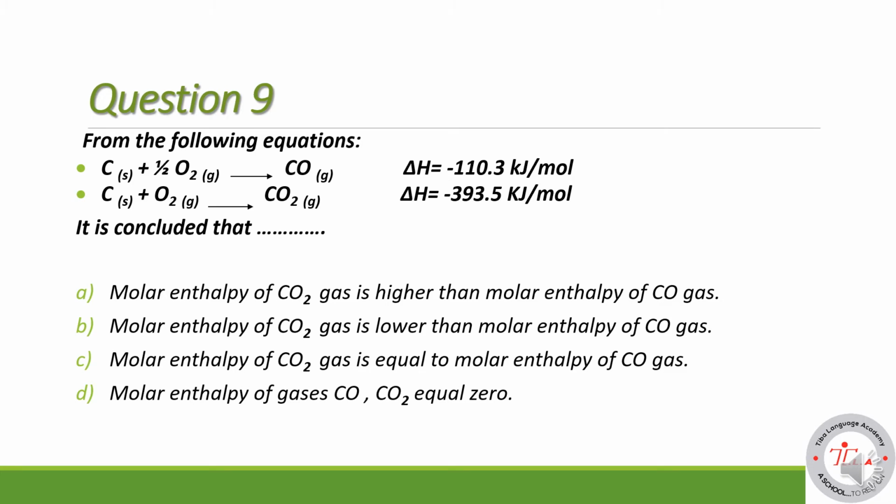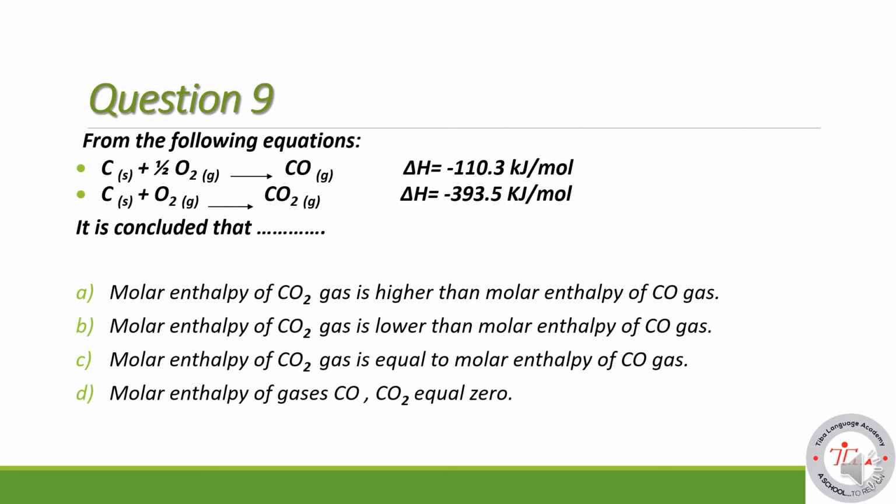At first look, we can say that delta H, which is negative 393.5, is higher than negative 110.3. So the molar enthalpy of CO2 is higher than the molar enthalpy of CO. But it's a wrong answer.